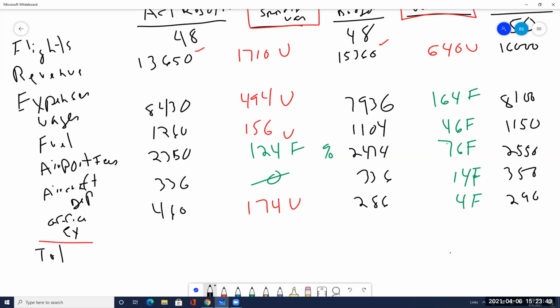Total expenses. My total expenses were $12,836, 12,136, and 12,440.